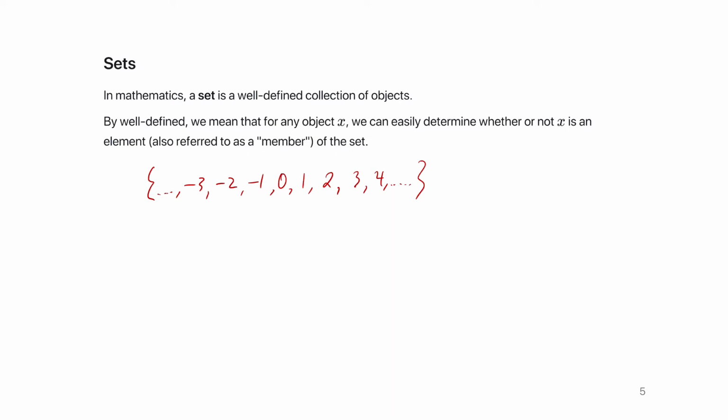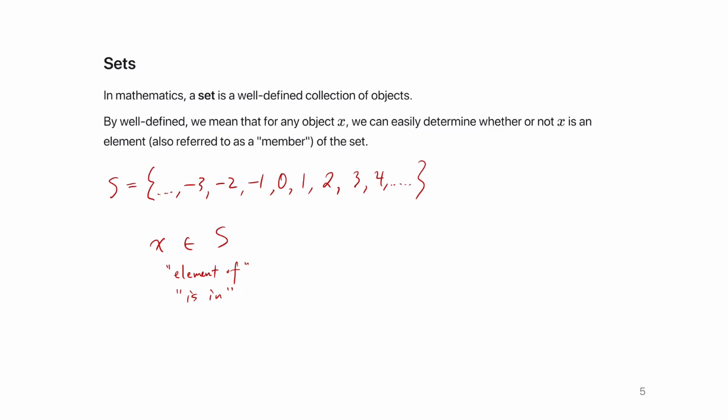Oftentimes we use the variable S for a set, but it really could be anything. And here's a piece of notation: how do we denote that some object is in the set? We say x is in S. This means "element of" or "is in," and that's this lowercase E-looking creature.